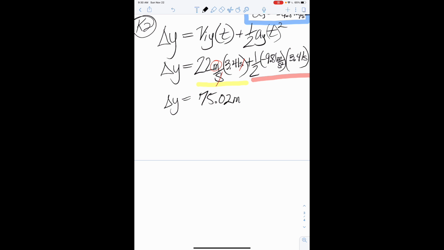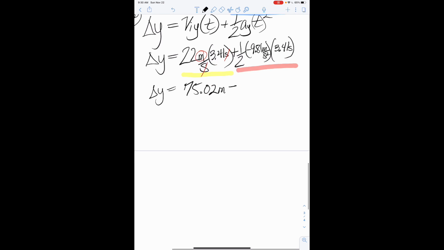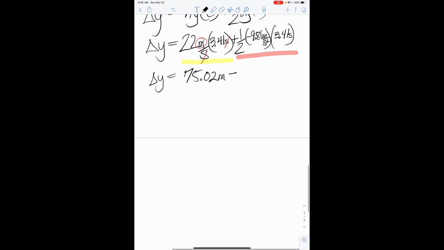And then we're going to subtract, right? Half of 9.81 is 4.905. So negative 4.905 times 3.41 is equal to 16.726. I'm just going to go 16.73.